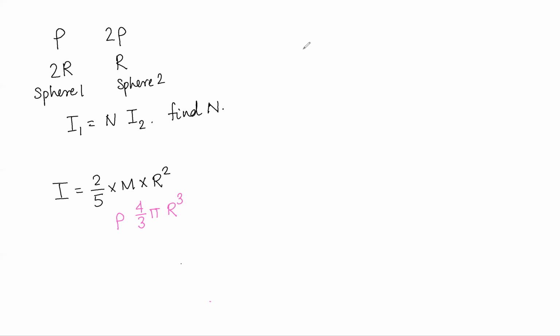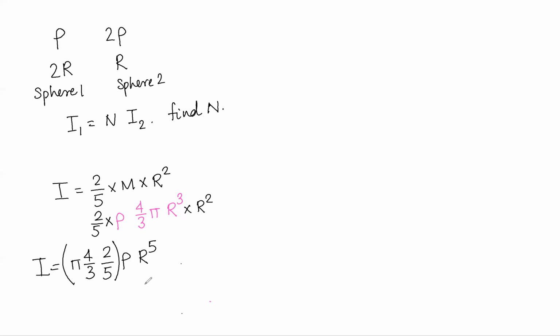And then you can write the remaining terms as it is. So this is equal to 2 by 5 into density, into 4 by 3, multiplied by pi. These are all the constant terms multiplied by r cube times r square, which is equal to r to the power 5. So this is your moment of inertia.